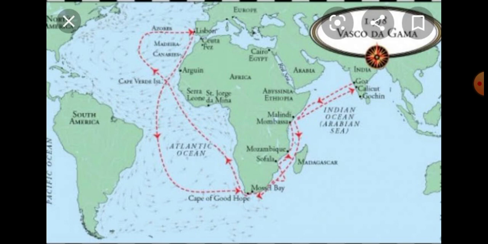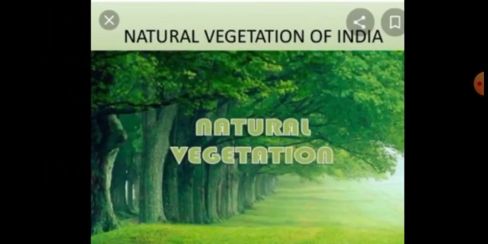Then, India is a republic country. India got independence on 15th August 1947 from British rule after the hard struggle and sacrifices of Indian freedom fighters. When did India get independence? 15th August 1947.